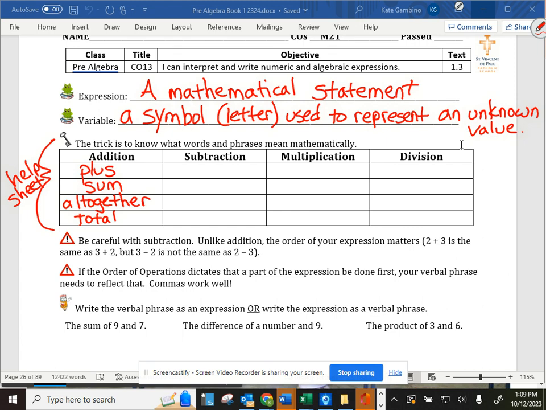So now let's look at subtraction. Lucas? Difference. The difference between two numbers, you subtract them apart. What's another one, Will? Minus. Most word problems are not going to be that easy. James? Less than.